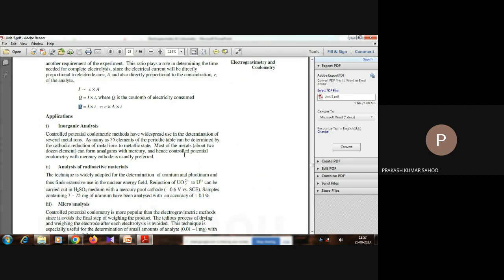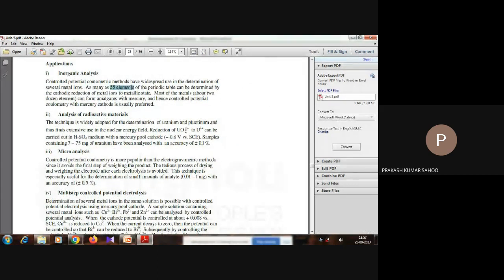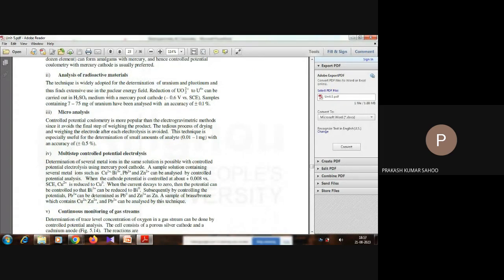So, applications of coulometry in analysis: around 55 elements can be determined by cathodic reduction. Analysis of radioactive metals, like uranium oxide to uranium 4 plus in acidic medium, can be done at minus 0.6 volt using a standard calomel electrode.